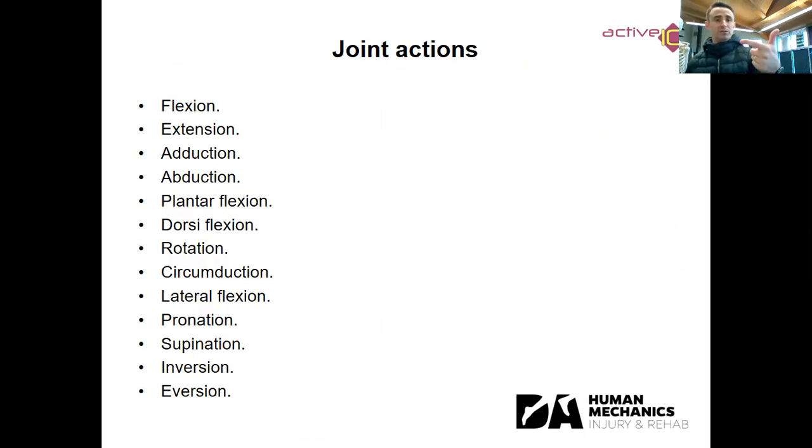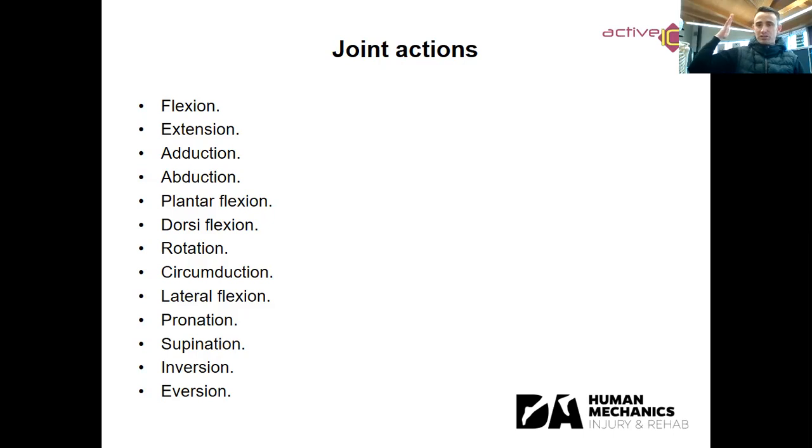So for example, flexion, to describe flexion, you would describe a shortening or a reduction in the angle at the joint. Okay, so at the elbow joint, it's a hinge joint coming together of humerus, radius and ulna. And as it flexes, we reduce the angle that's available at that joint.